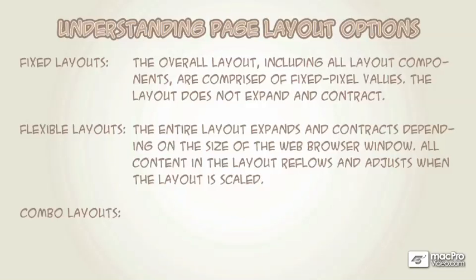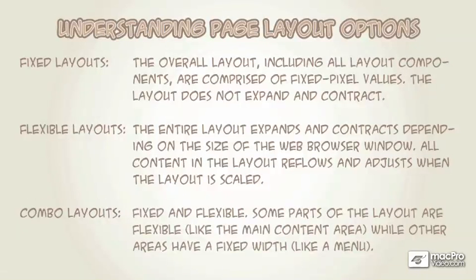Now, the third option, a combo layout. A combo layout is a combination of both fixed and flexible. This is a layout where some parts of the layout are going to be flexible, for example, the main content area, while other areas of the layout have a fixed width, like a menu. I have a perfect example of a combo layout: Wikipedia.